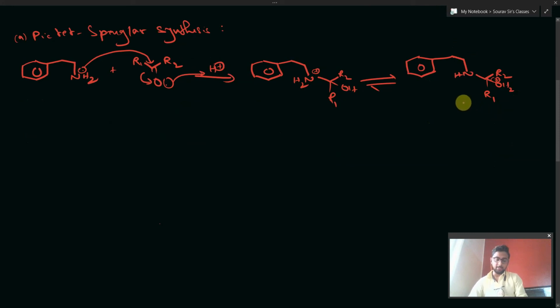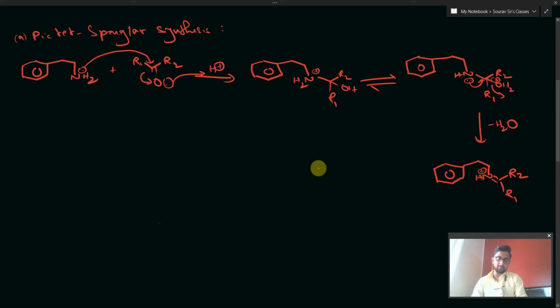Now here we have water, so this lone pair would fall over here and the water would be released from the system, giving minus H2O, and NH double bond R2 R1 with a plus sign.